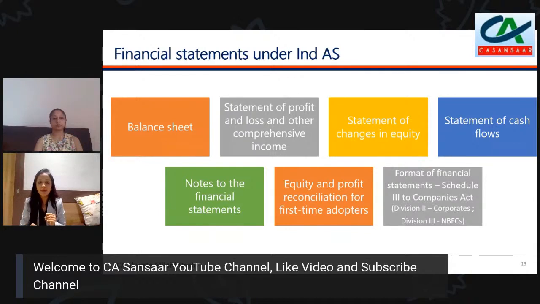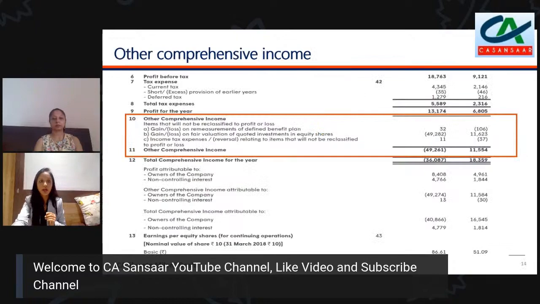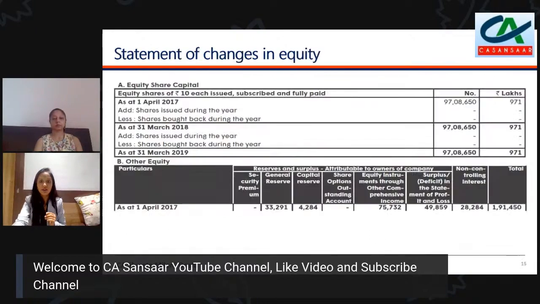And for NBFC companies, you will have to go to Division 3 to the Schedule 3 to the Companies Act. This Division 2 and Division 3 discloses the format in which the balance sheet and P&L has to be disclosed.